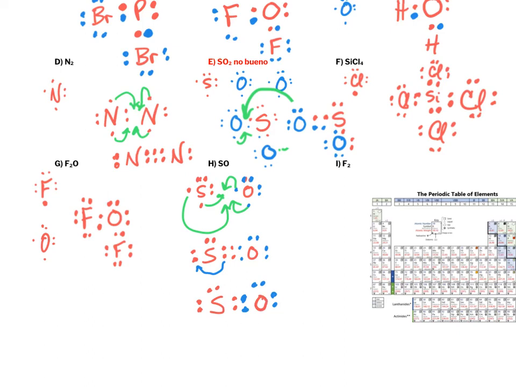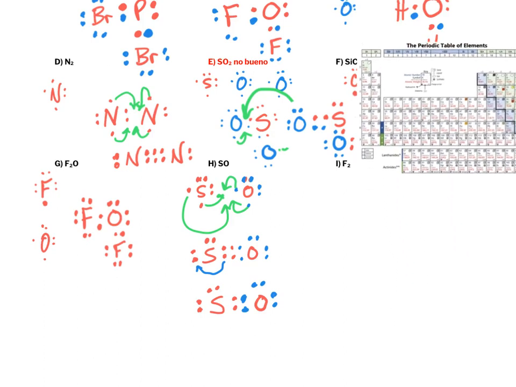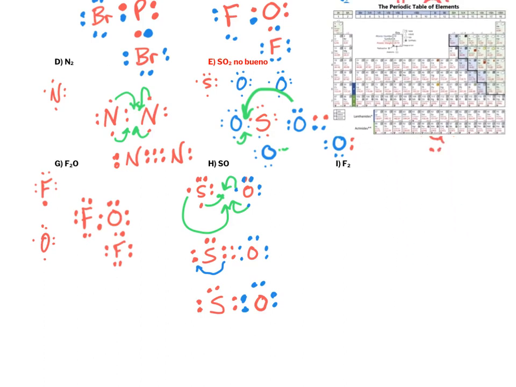Sulfur started off with 6, oxygen started off with 6, that's 12, and how many do we have? 2, 4, 6, 8, 10, 12. There we go. Double bond between sulfur and oxygen. We call that sulfur monoxide. Sulfur monoxide.